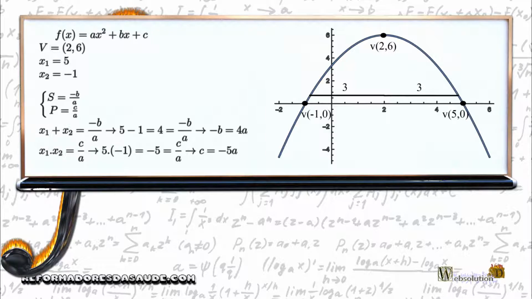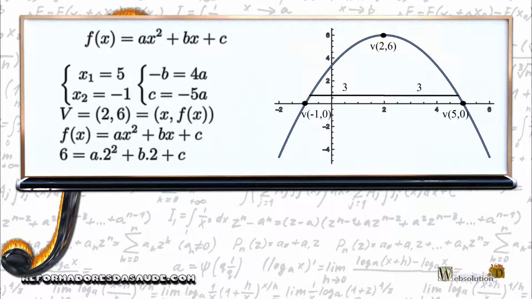Working with the equation for the discovery of the coefficients, let us replace the value of x of the vertex, which is 2, and the value of y, which is 6. X is equal to 2 and y equals 6, so let's make the substitution in the equation: a times 2 squared plus 2b plus c equal to 6.